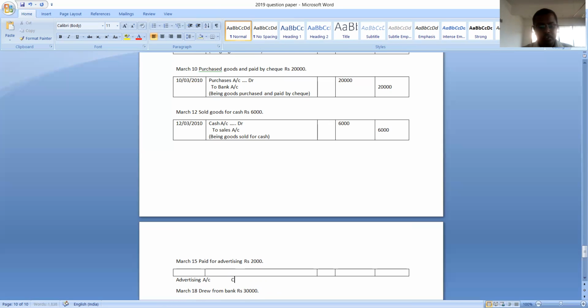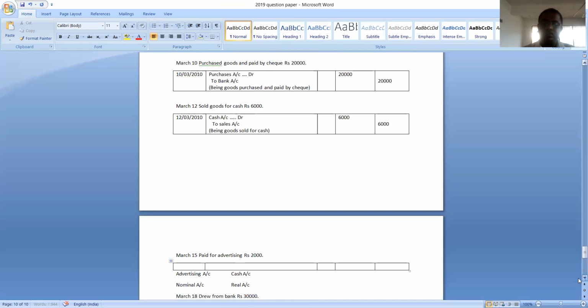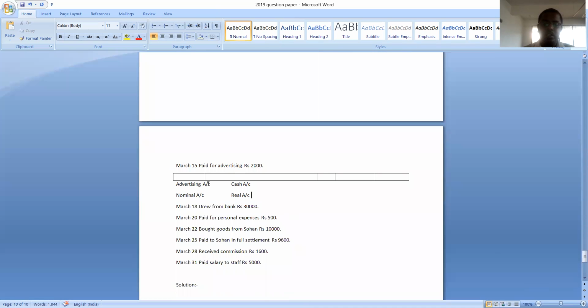It indicates what? It indicates cash. So another one is cash account. Advertising is which account? It is a nominal account because it is expense. Cash is which account? It is a real account because it is an asset. Okay, now tell me which account should be debited and which account should be credited.